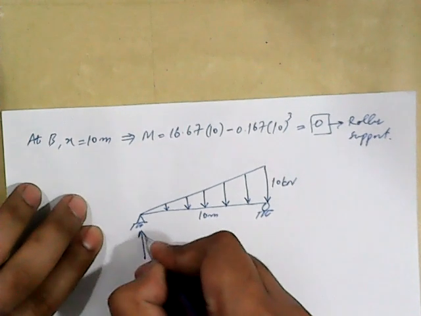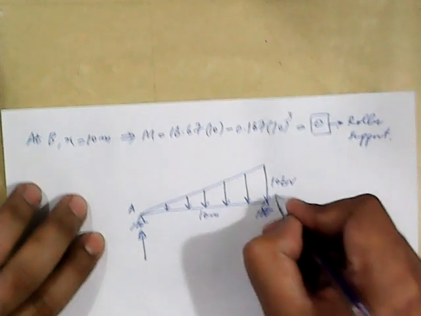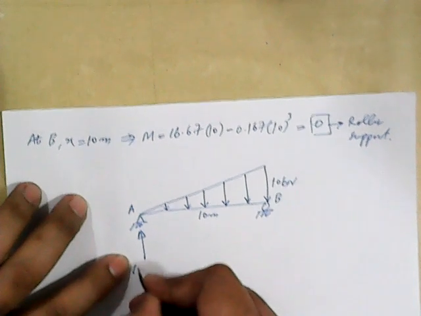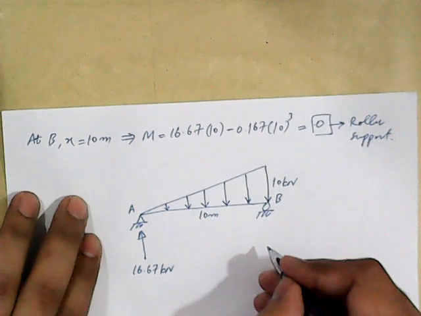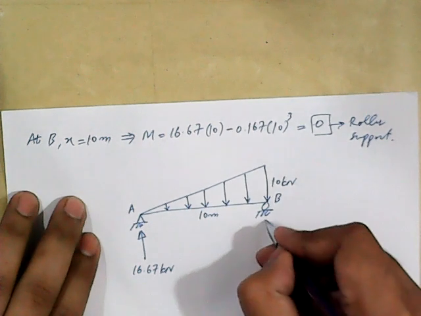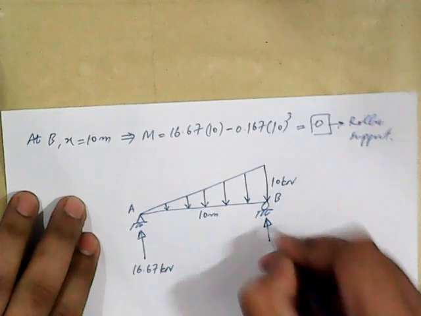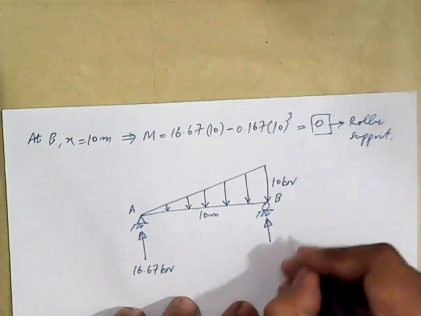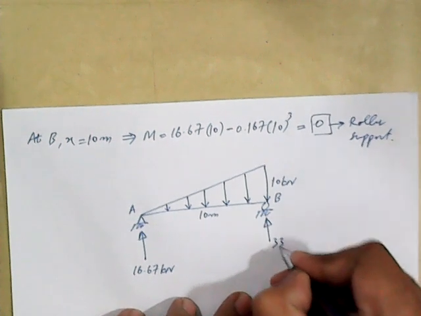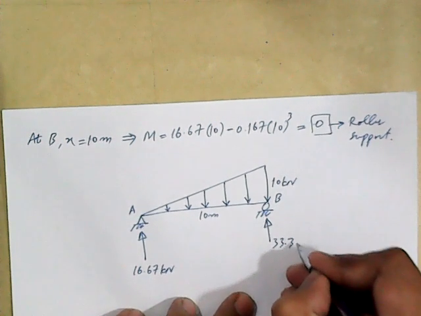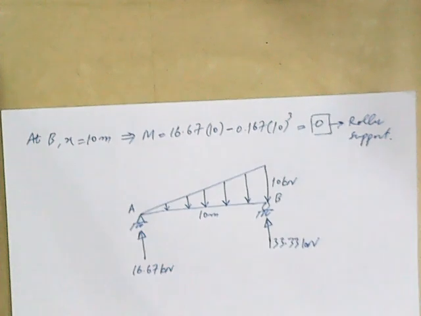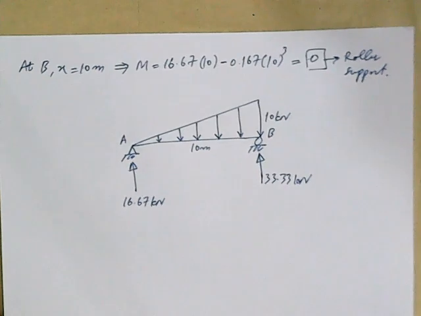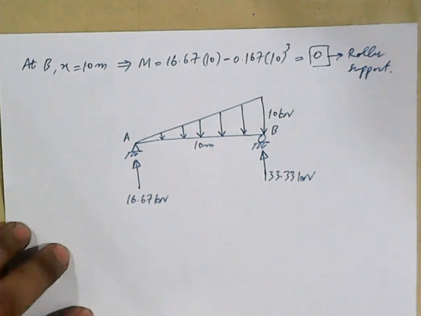We have one reaction here. This point is A, this point is B. RA we have already calculated, it is 16.67 kilonewton, and RB we have also calculated. And how much is RB? It is 33.33 kilonewton.